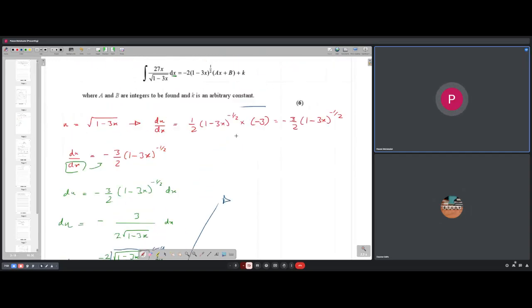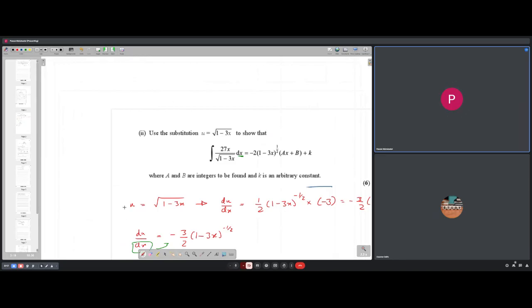So if you look at the integral, what can we write this as? Well, we can write this as 27. What we can do now is we can write down the bottom bit of the fraction, the denominator, as u, right? So we can say it's 27 all over u times x. But I don't really want to write x. I want to write this as u.